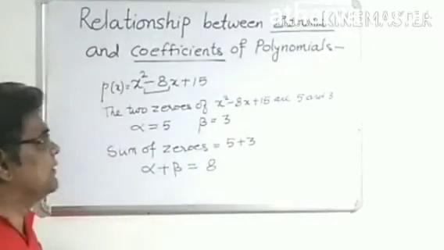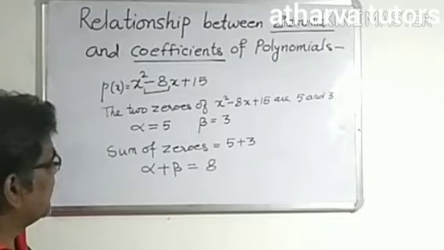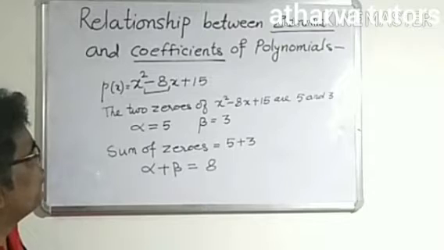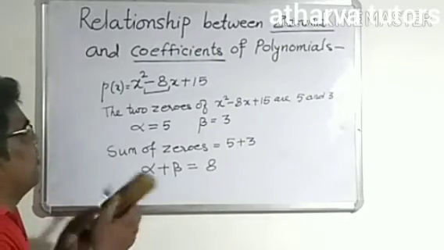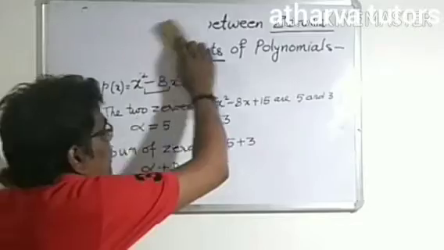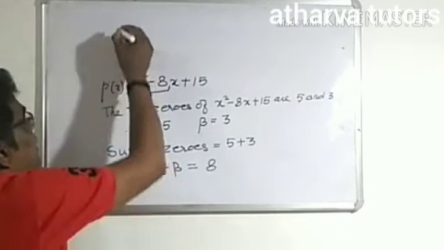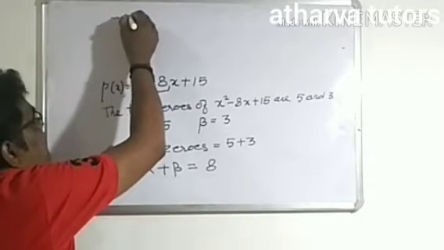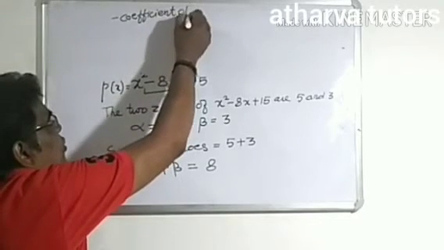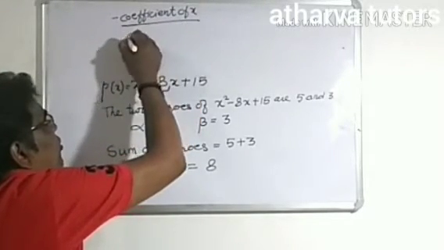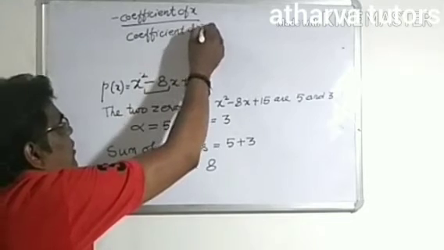Now let us see the coefficient. If I write minus of coefficient of x, just like what we did in linear polynomial, coefficient of x upon coefficient of x square, so what do we get?